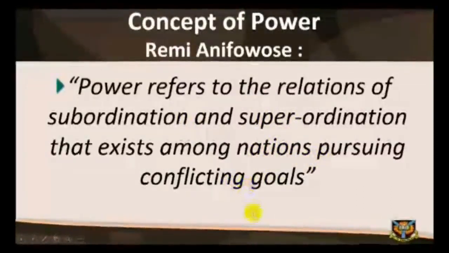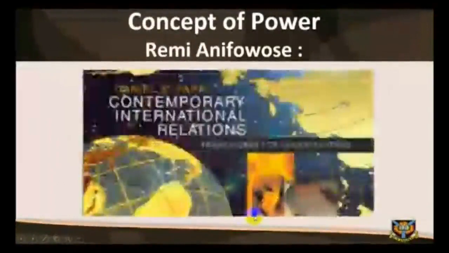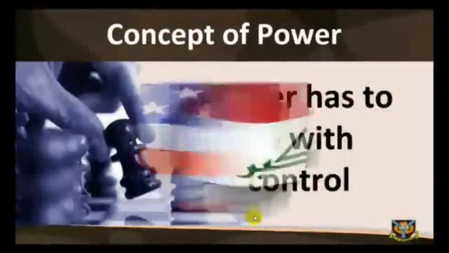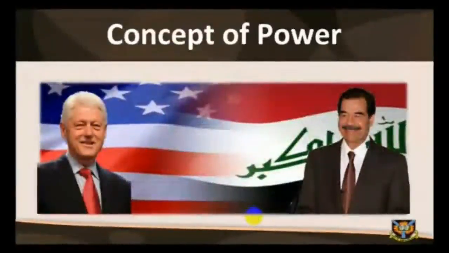Daniel S. Papp, in his book, Contemporary International Relations, defines power as the ability of any actor to persuade, influence, force, or otherwise induce another actor to undertake an action or change an objective that the latter would otherwise prefer not to do.